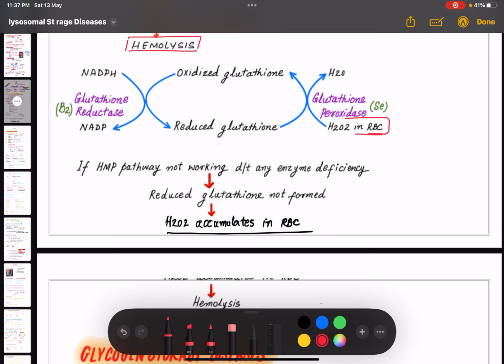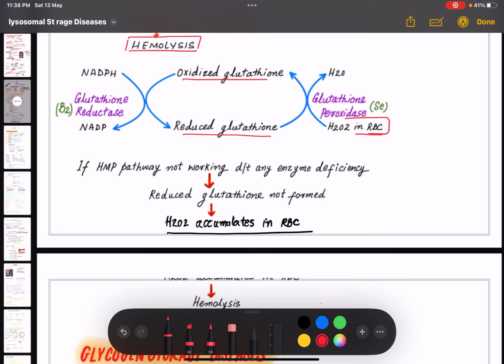Now let's see HMP pathway, where if there is enzyme deficiency you will get the hemolysis. So let's see. For this, remember that there is oxidized glutathione and reduced glutathione.